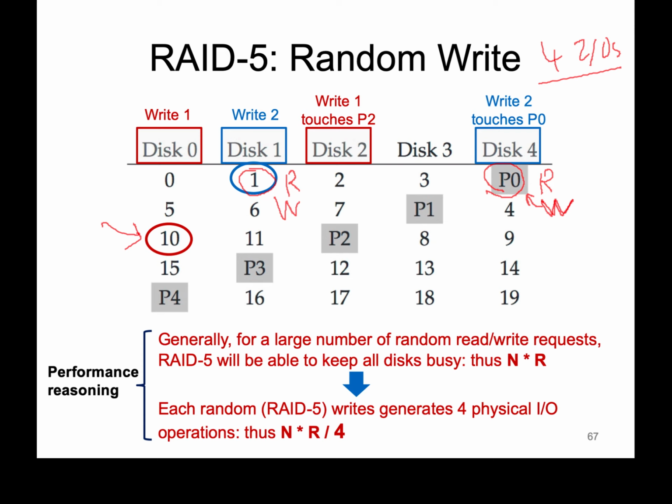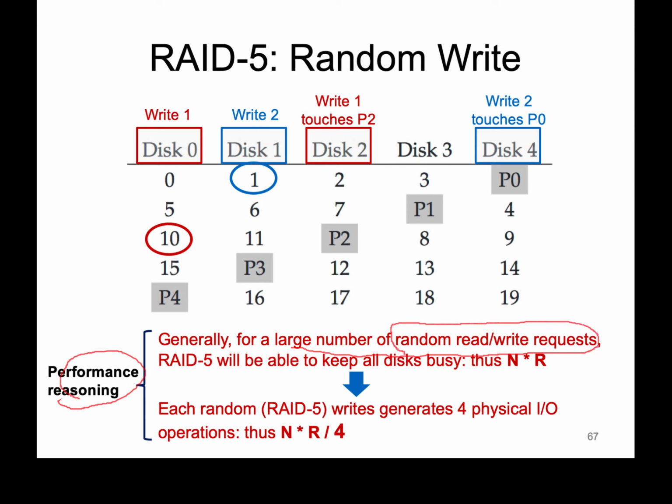targeting both its original data and parity. As you can see from this performance reasoning, for a very large number of concurrent random read and write requests, RAID 5 will be able to keep all the disks busy.